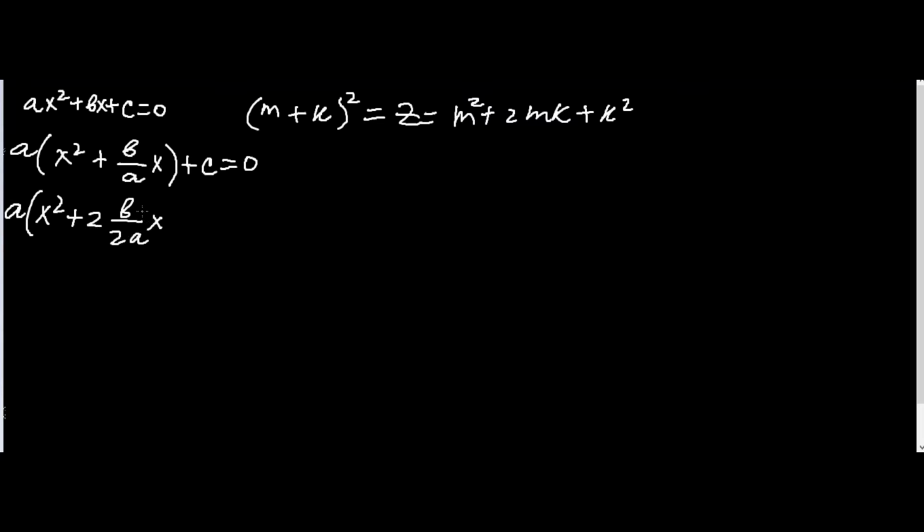And 2 is here, k is not there. So our k is, as you can see here, b over 2a. So we have to have it squared because k squared, right?